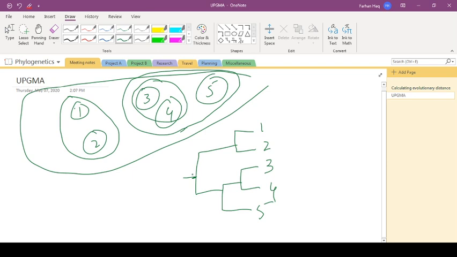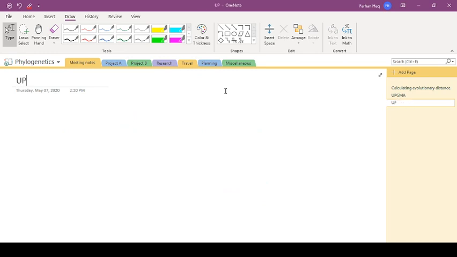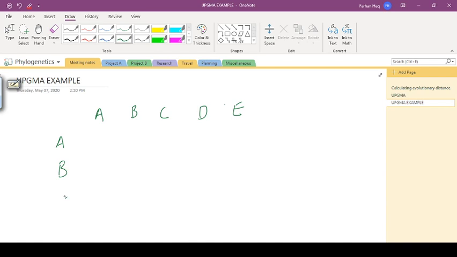So let's take a UPGMA example. For instance, let's draw it here: we have 5 different species, A, B, C, D, and E, and now we want to make a tree of these sequences.